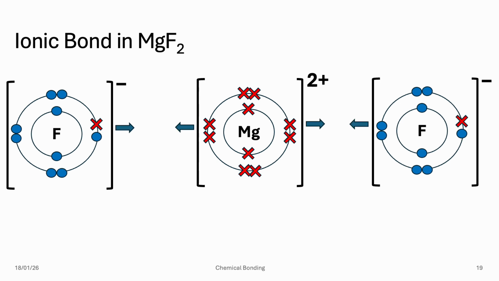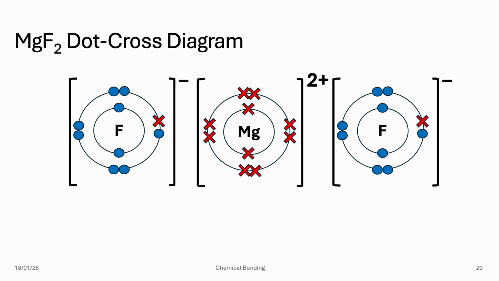So now they become magnesium 2 plus and fluorine minus. There are 2 fluoride ions. They will attract each other, and then the ionic bond is formed. So this is the representation, or the dot cross diagram, of magnesium fluoride.